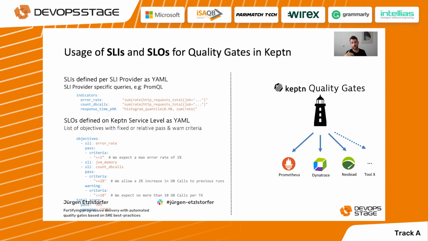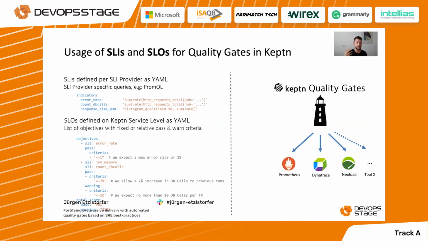If we are increasing by 4%, but we're still staying below the fixed threshold of 10 database calls per transaction or per test run, then it's still good. We get 0.5 points for this evaluation. But if we're exceeding more than 2%, and we're using more than 10 database calls for this test run, then we won't get any points for this SLI. We might still get points for the other SLIs.